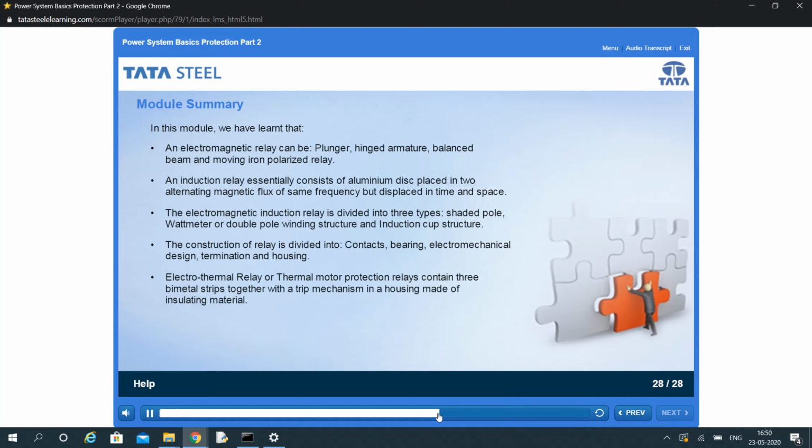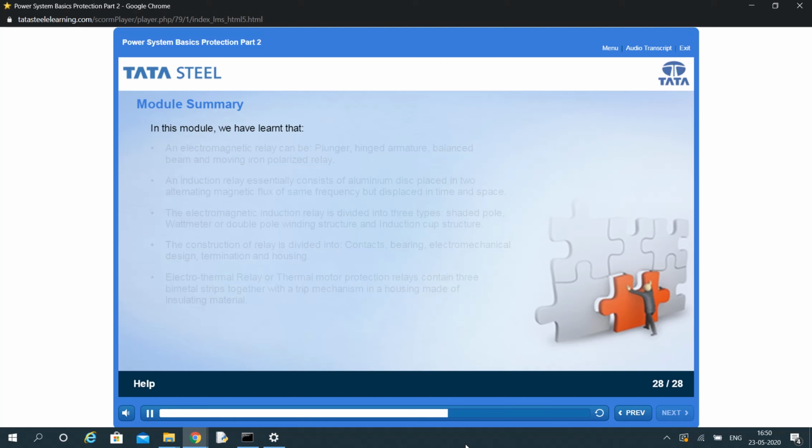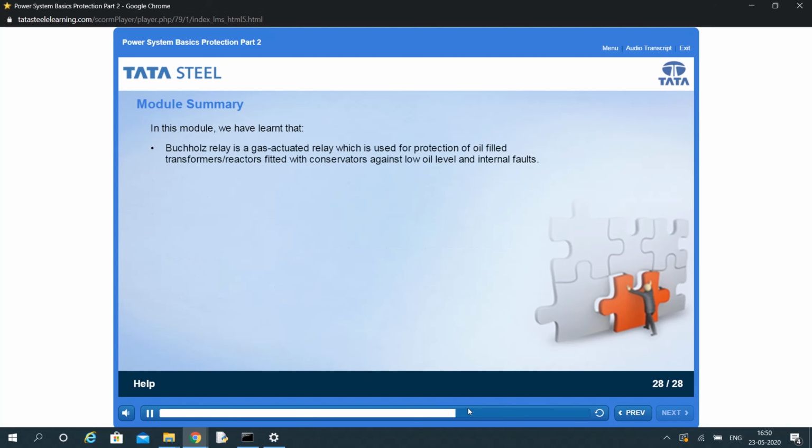Static relay is an electrically operated switch that has no moving parts.